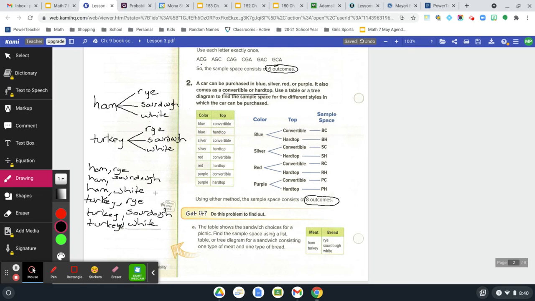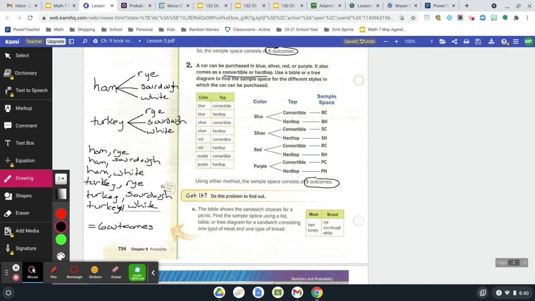So that allows 1, 2, 3, 4, 5, 6 outcomes, or 6 different sandwiches. There's 6 possible in that sample space of sandwiches that you can get for a picnic.